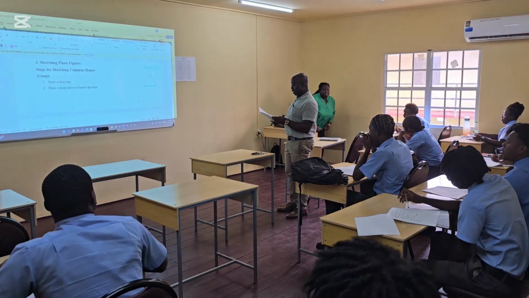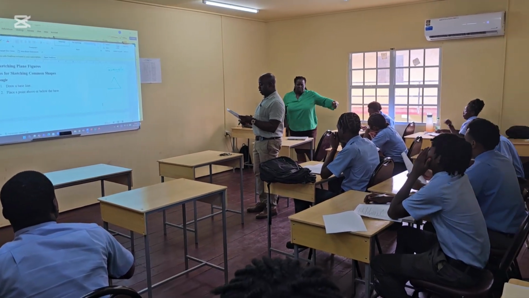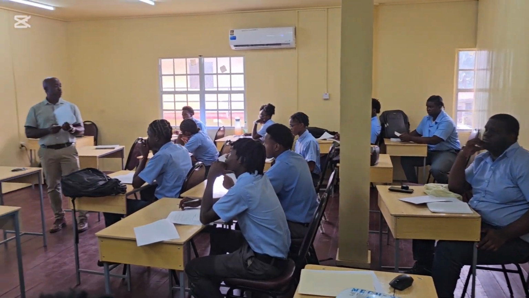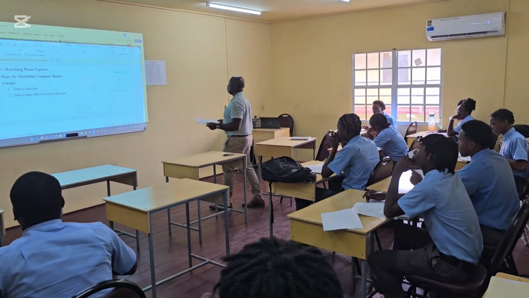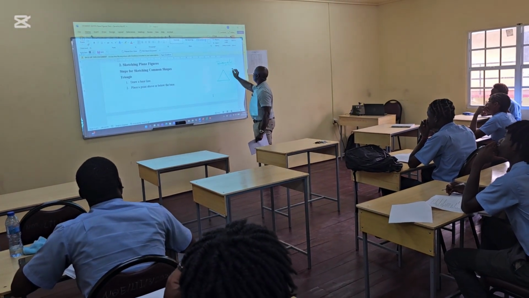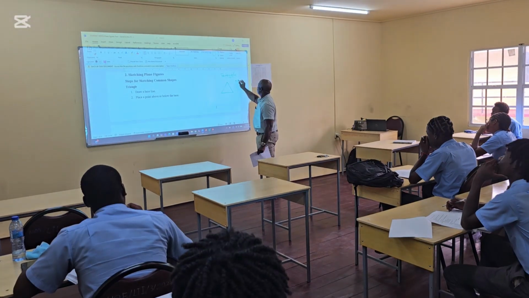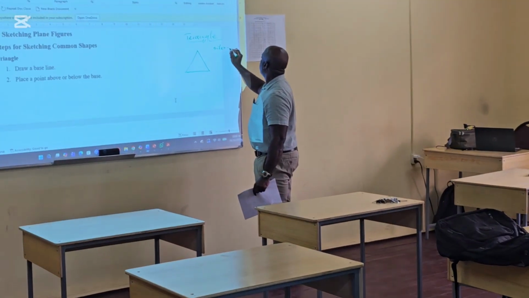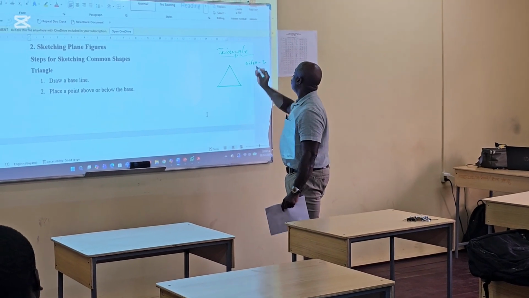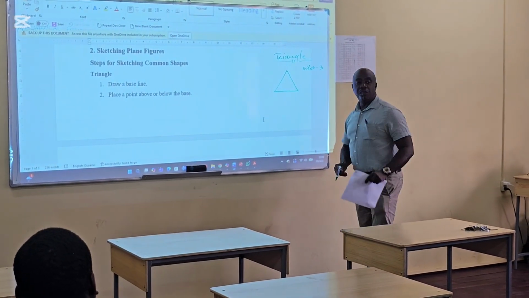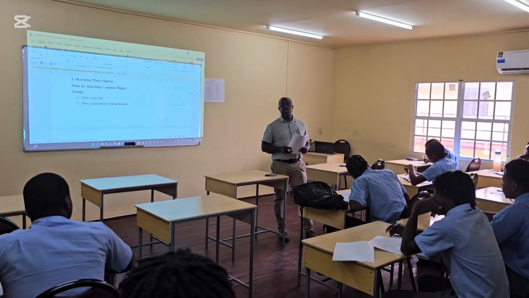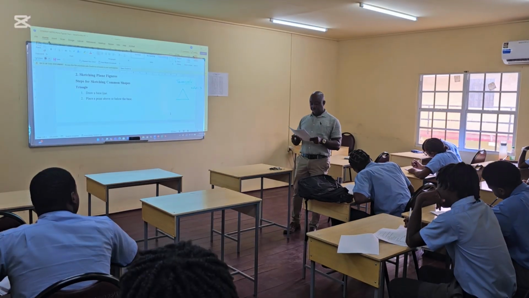You notice that it is flat, it has a two-dimensional shape, and you could think about the lines. So how many sides does a triangle have? It has 3 sides. Below the triangle, put that note that a triangle has 3 sides.